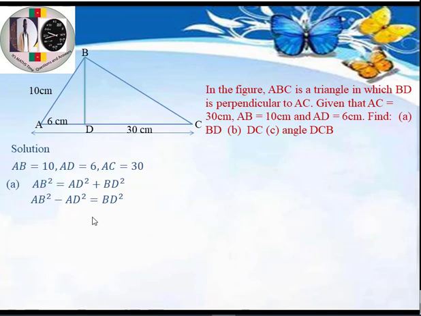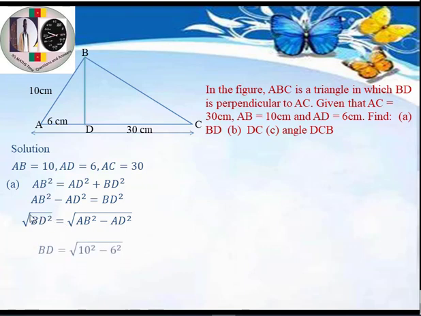What can we do from here? We can take the square root on both sides to clear this square on BD, because we are not looking for BD squared, we are looking for BD. So we take the square root, and we have BD equals the square root of AB squared minus AD squared. The square here will take care of the square root.